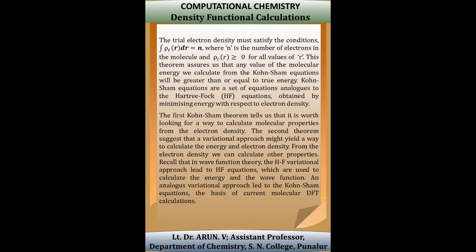The first theorem tells us that it is worth looking for a way to calculate the molecular properties from the electron density. The second theorem suggests that a variational approach might yield a way to calculate the energy and electron density. From the electron density, we can calculate the other properties.